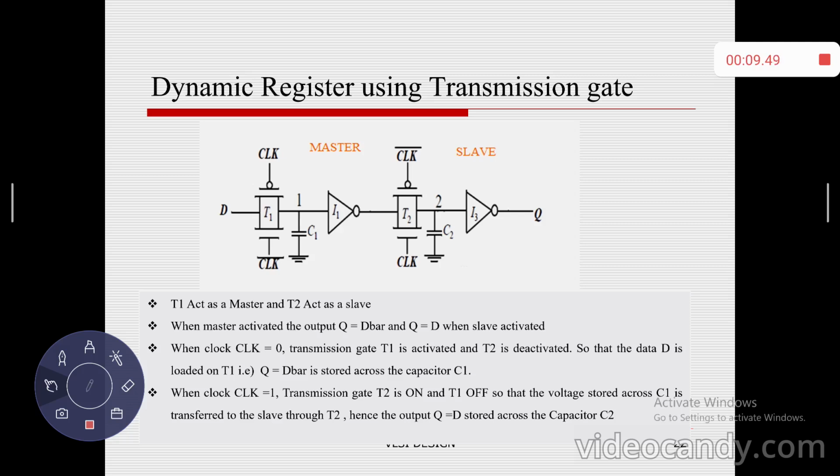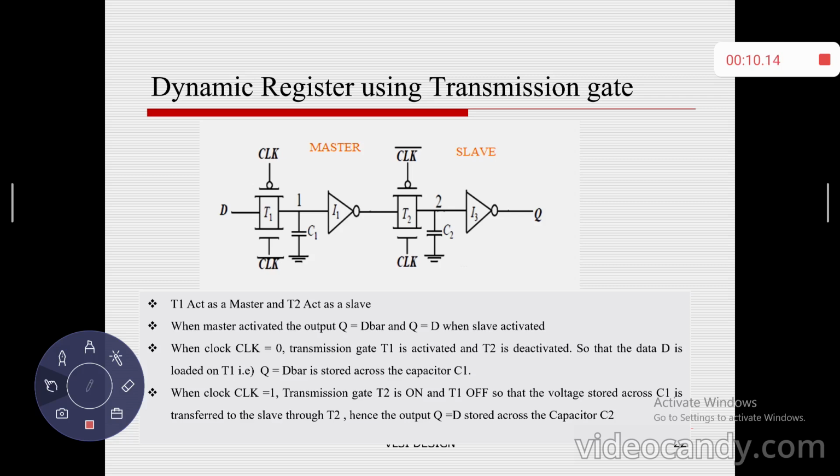Again this is the same principle. Since it is a D type register, the output Q will follow the input D. When clock equals 0, transistor T1 becomes an active connection and T2 becomes a deactive connection. So the master will be activated and the slave deactivated, and a loading operation is performed at the master end.